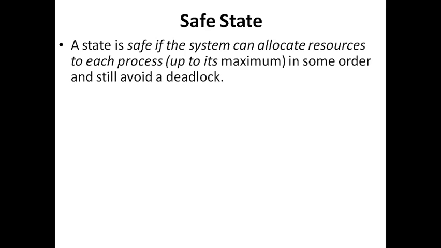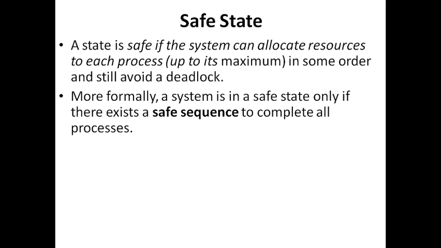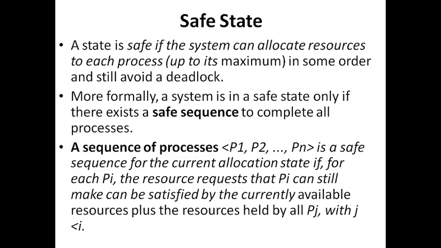But on the other hand, if no such sequence exists, that means it's not able to complete one or a few processes in any order, then it is called an unsafe state. So a system is in a safe state only if there exists a safe sequence to complete all processes.